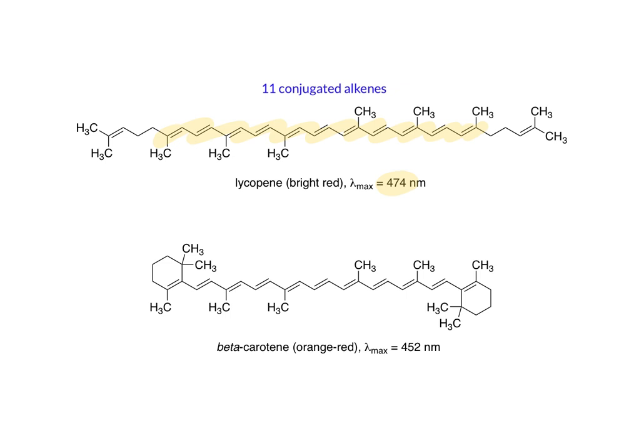The bicyclic isomer carotene has additional substitution on the 11 conjugated alkenes, and this requires slightly higher energy, shorter wavelength light absorption, but gives carrots their distinctive orange color.